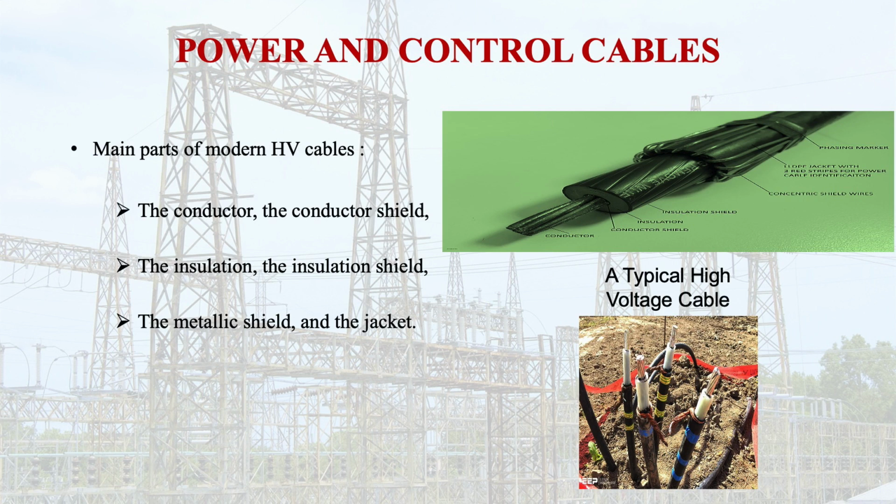Other layers can also include water blocking tapes, rip cords and armor wire, to protect the cable from the outer atmosphere and environmental conditions, or from mechanical impact.